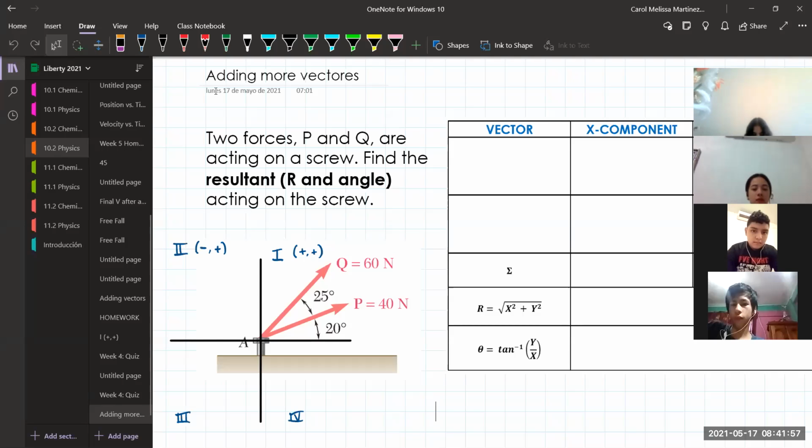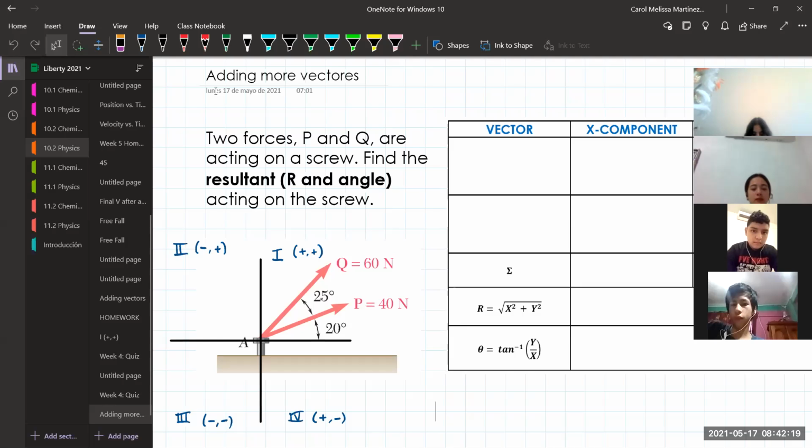In the third quadrant, we have negative, negative. And in the fourth quadrant, we have positive and negative.